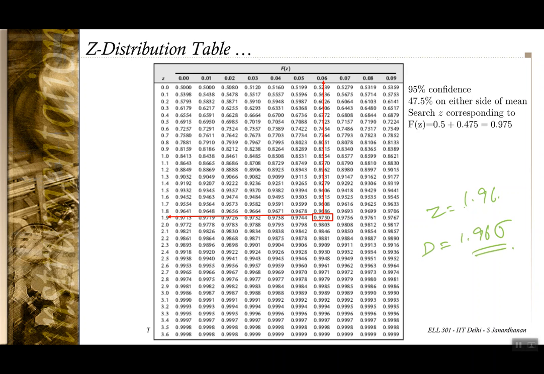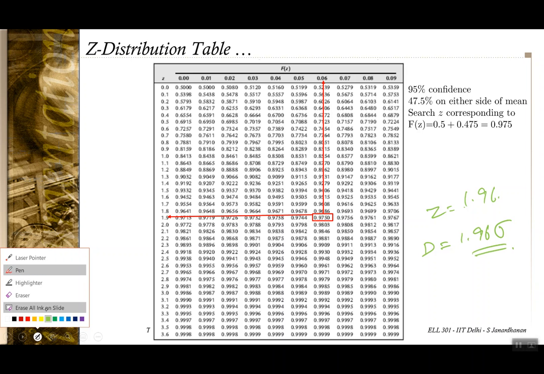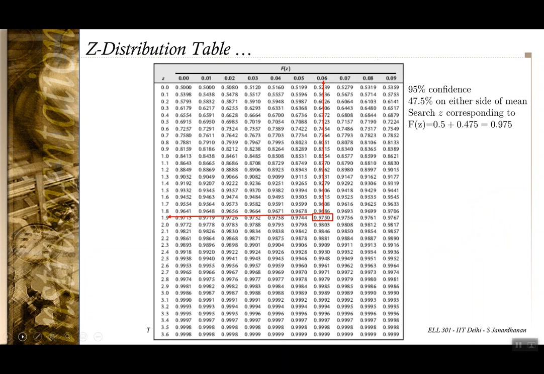Now we have said that we want 95% confidence. So what this means is that the probability of mod of x minus x mean less than 1.96 sigma is equal to 0.975.